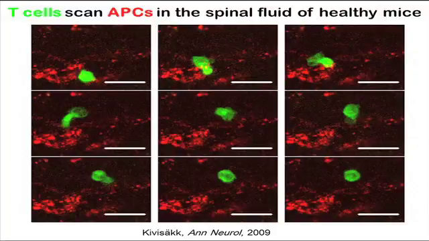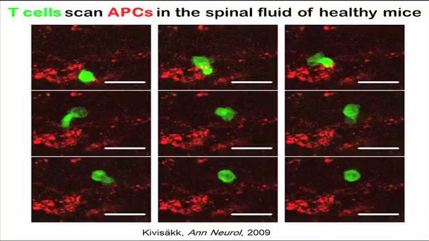What I'm showing you here is a bunch of stills from one of her movies. What you see in the upper left is a T cell, which is round, approaching an antigen-presenting cell, which is much larger and is colored red. The T cell comes up to the antigen-presenting cell, extends a large, flat process, and begins to scan the surface of the antigen-presenting cell.